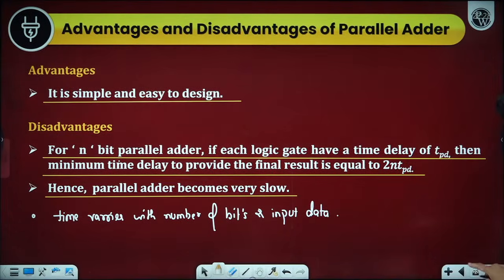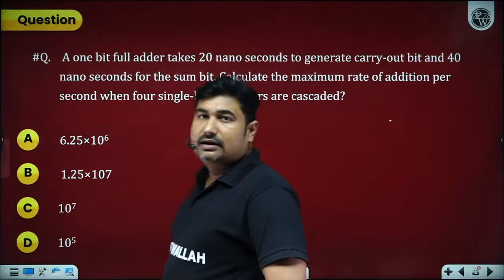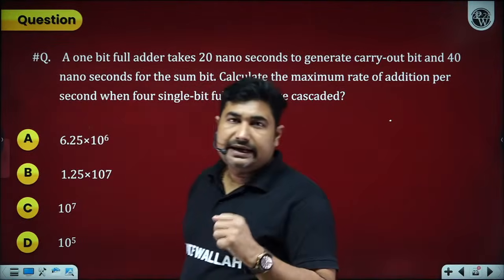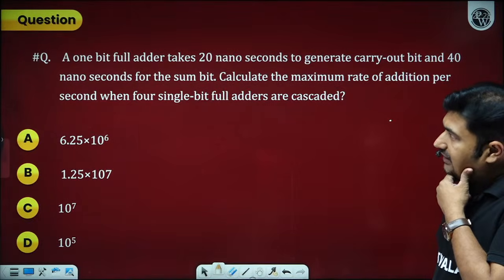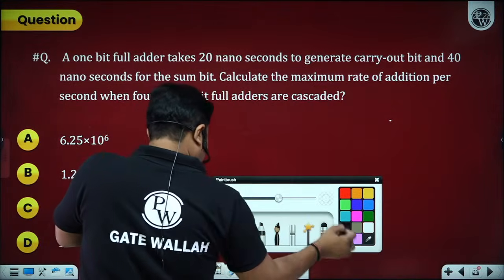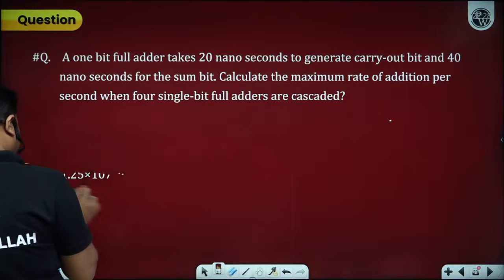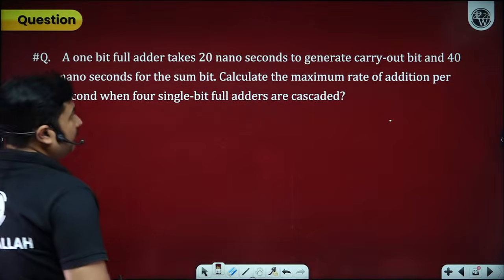Great. Let's try to have some questions based on the parallel adder or ripple carry adder. Please observe the first one. Suppose we have a 1 bit full adder, and I'm just changing the data a little bit, otherwise it will be easier for you to answer.